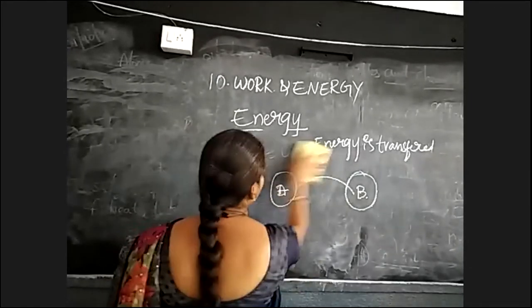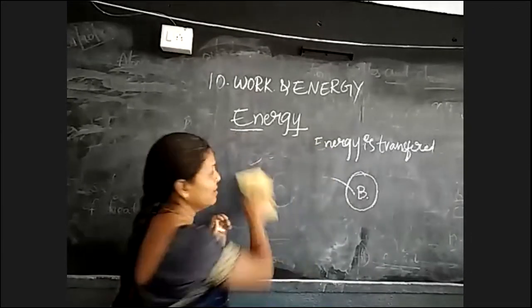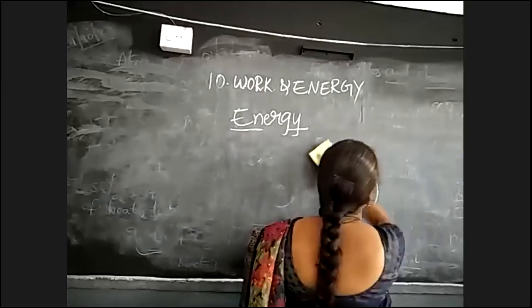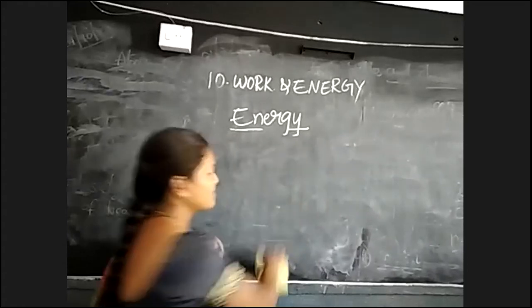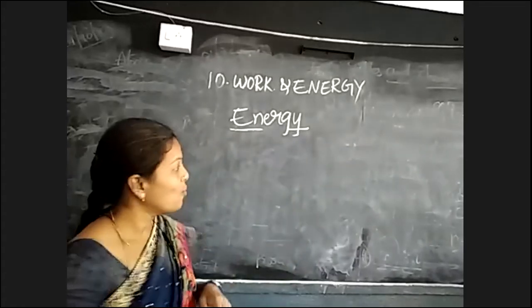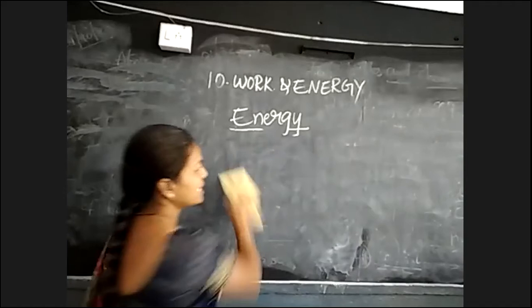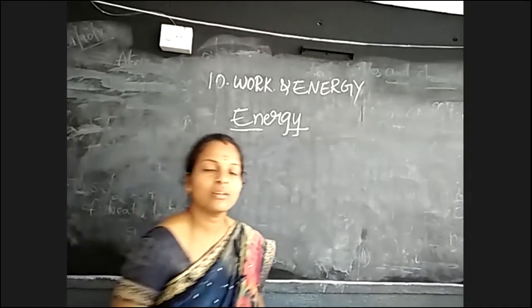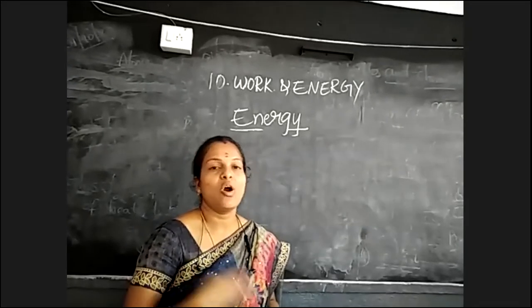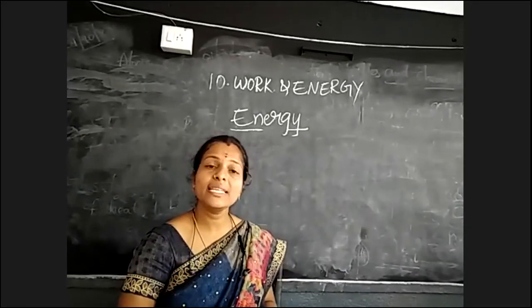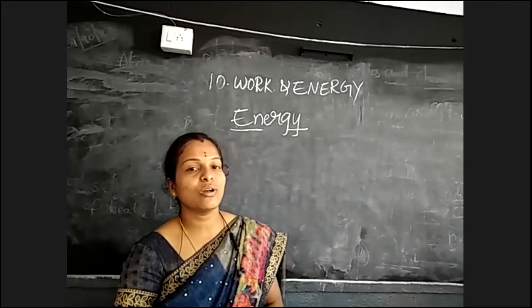Now we will see what actually energy means. Till now we have seen what is work done, what are the types of work, units of work, whether it is positive work or negative work. In some cases even work is 0.